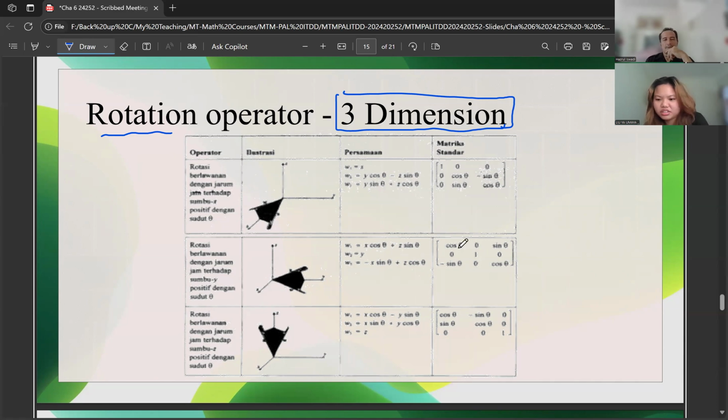So we can imagine like this, ya. This is the vector, and we rotate the vector, and this is the result. This is x. Oh sorry, this is x. This is the w vector.